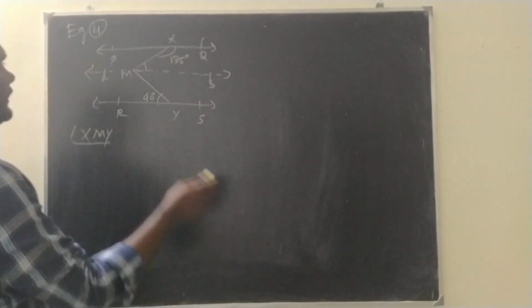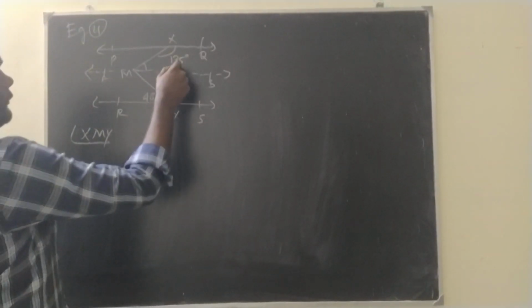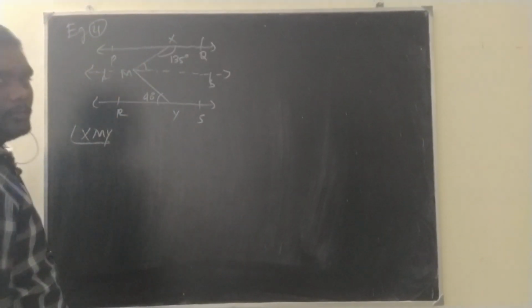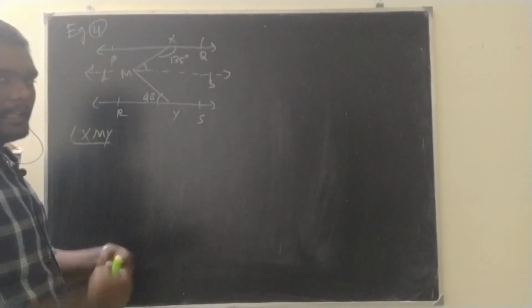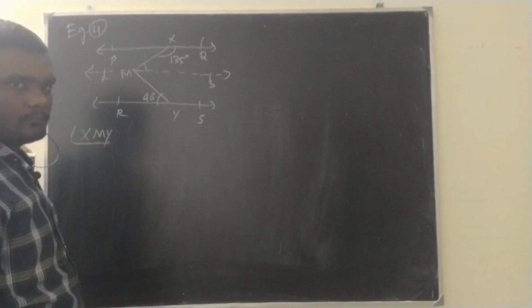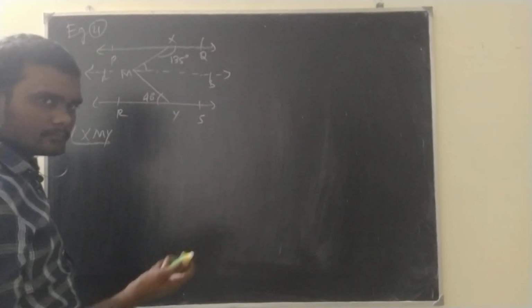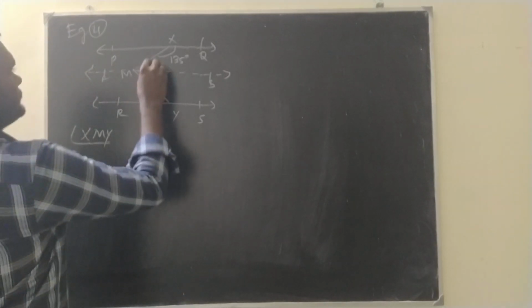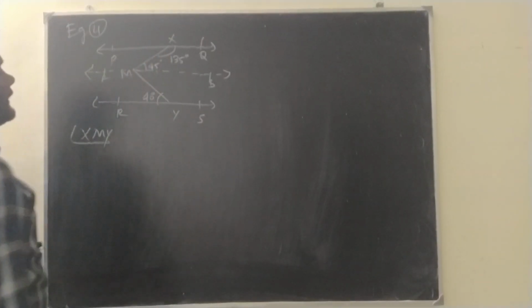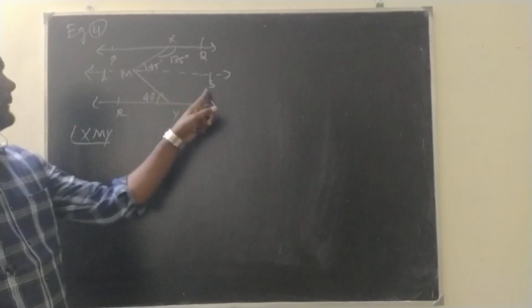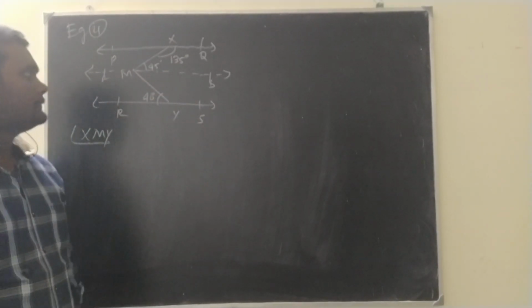Okay. So, 135 plus what will give you 180? 45. 45 only, right? Okay. The same applies for AB parallel to RS.